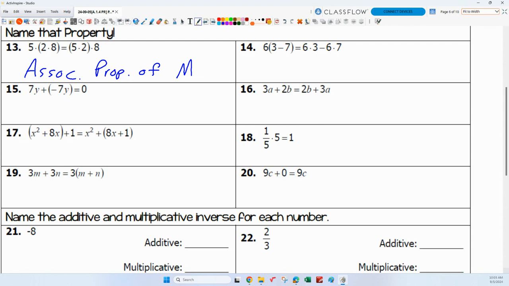Okay, how about number 14? Everybody, what's going on in 14? Yeah, it's just distributive, isn't it? Look what's going on. I'm just distributing the 6. Okay, so that's just distributive. Okay, number 15. Stare at that for a second.